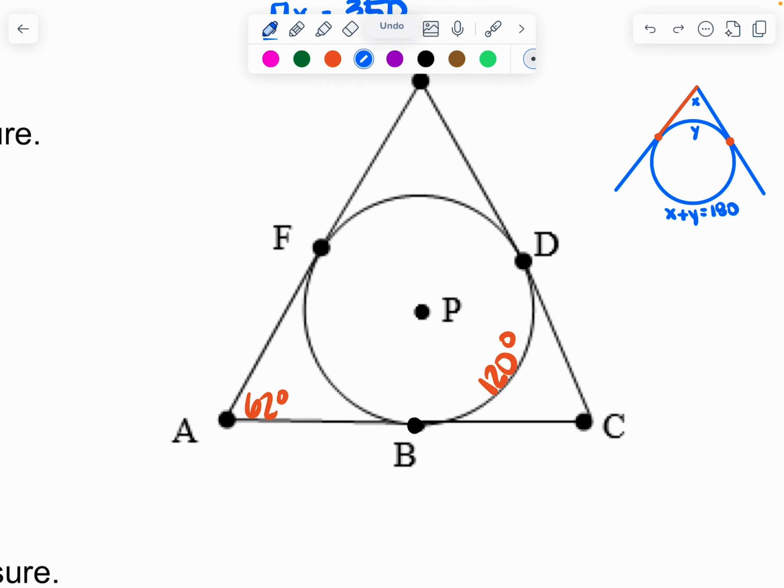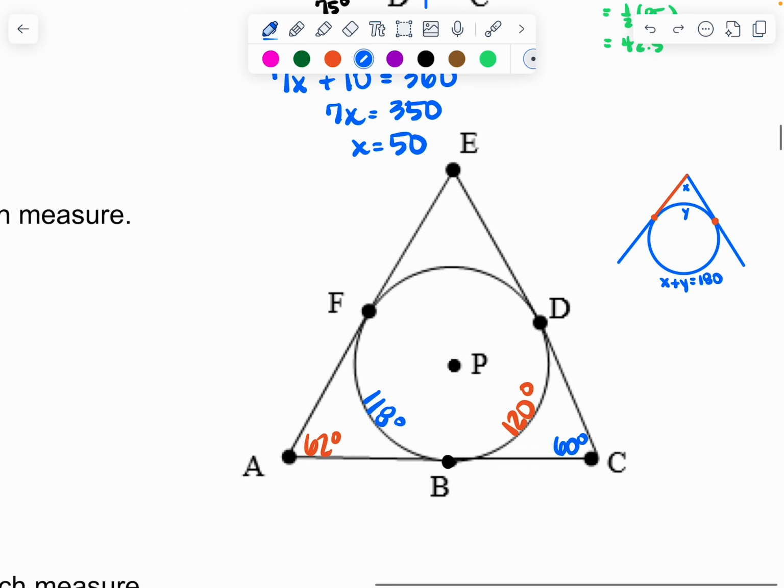So I totally know, based on that information, that this angle has to be 60 because these have to be supplementary. I know that this arc right here has to be 118 degrees because these are going to be supplementary. And then in order to find the top, there's a couple of different ways you can do that.